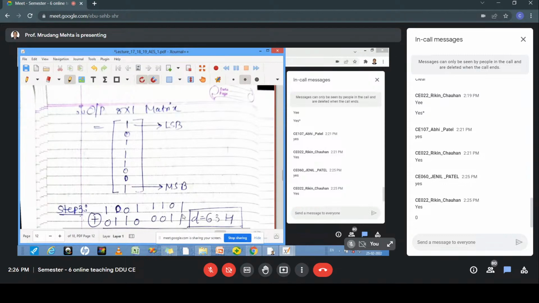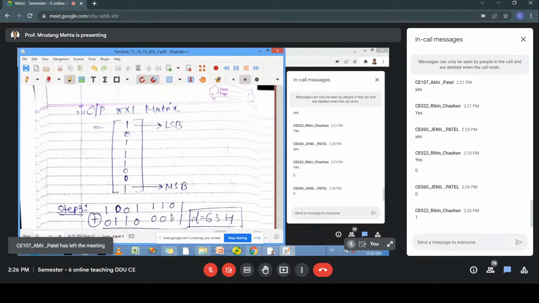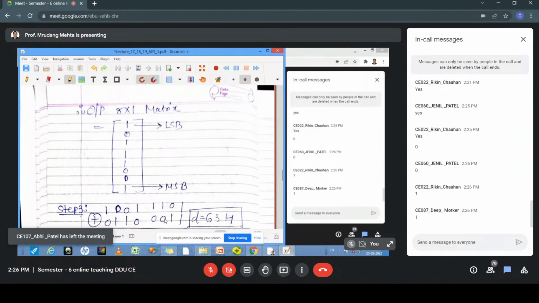The second 0 XOR 1, 0 XOR 1, 1 XOR 0, 1 XOR 0, 1 XOR 0.